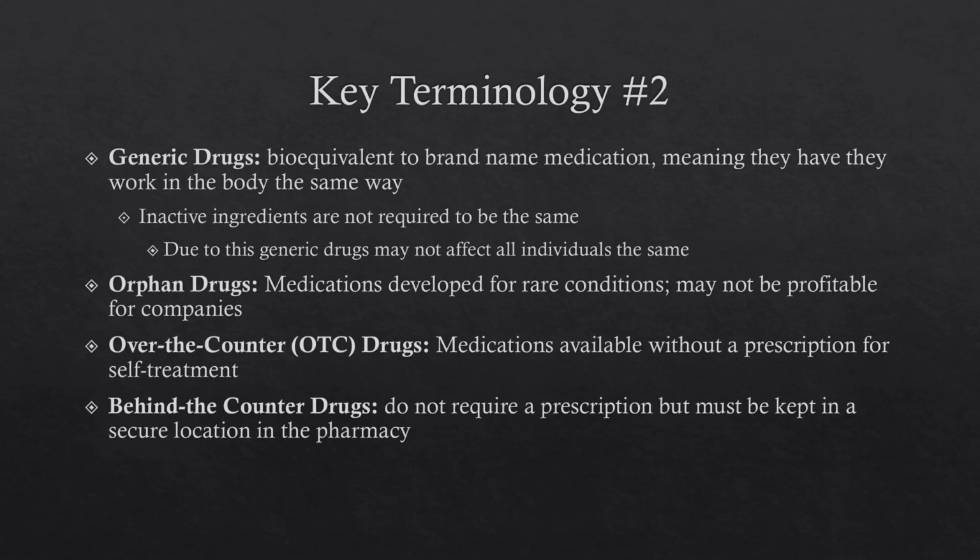More key terminology. So generic drugs. So generic drugs are essentially bioequivalent to a brand name medication, meaning they will work the same in the body in the same way. So to remember this, they do have inactive ingredients that are not required to be the same. So due to this, generic drugs may not affect all individuals the same. So for example, I work at a practice where I treat primary care as an NP.